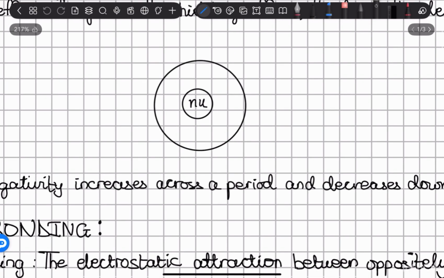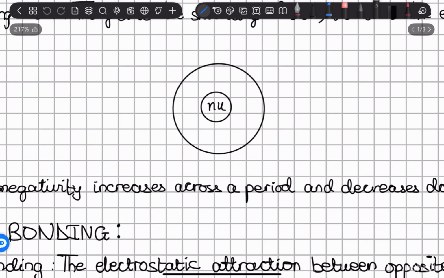So across a period, the number of shells remains the same. So if there's one shell across the period, it's going to be one shell only. But then the number of electrons is going to increase. So if the first element of that shell has one electron, the second one would have two electrons, then third, fourth, and so on.